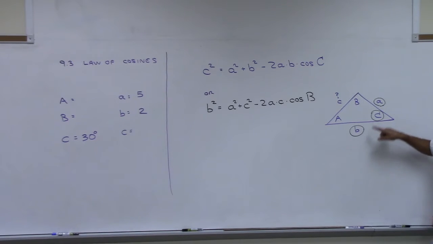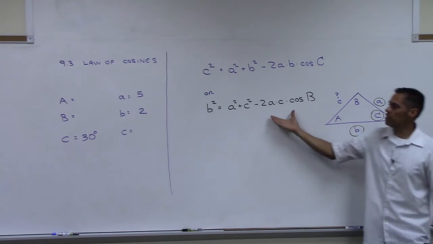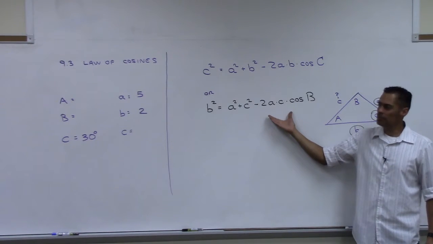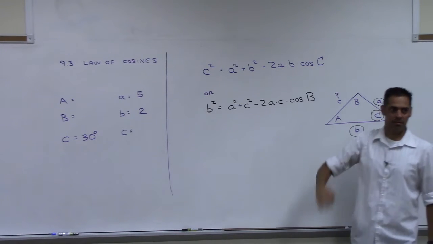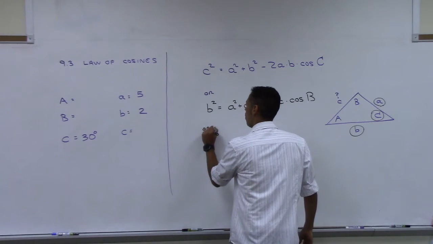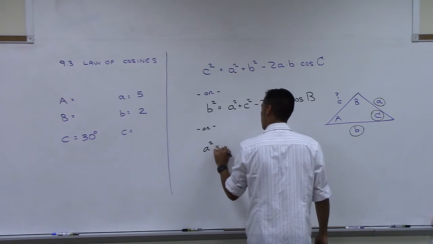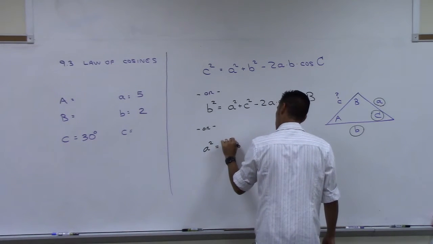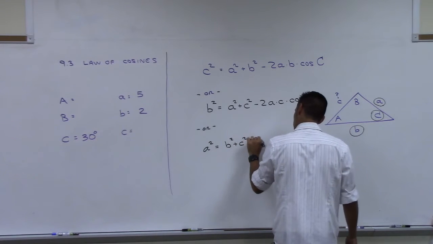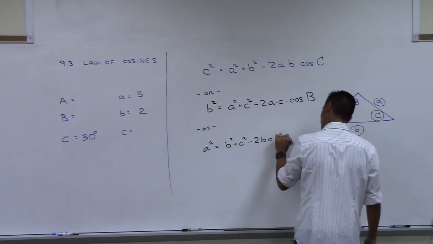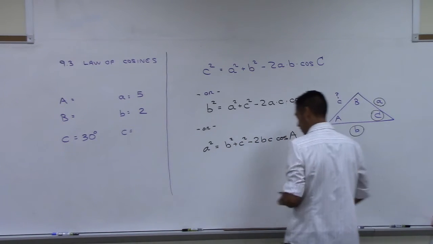If we wanted to know little b, we would need to know little c, little a, and capital B. There's a third. If I wanted to know little a squared, it's b squared plus c squared minus 2bc cosine capital A.